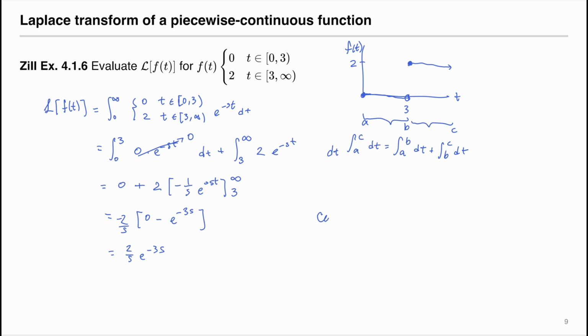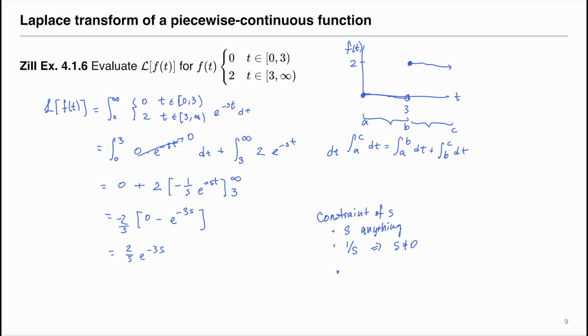And then as we look for constraints of s, if we look at the final result, s can be anything. But in the derivation, we see that there are instances where we use 1 over s, so that s cannot be 0.